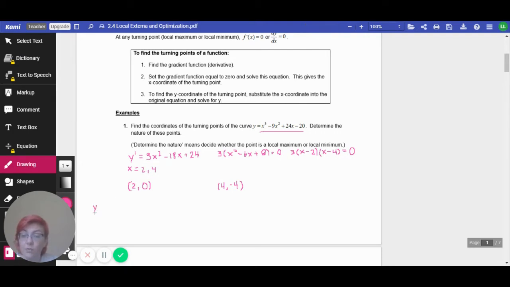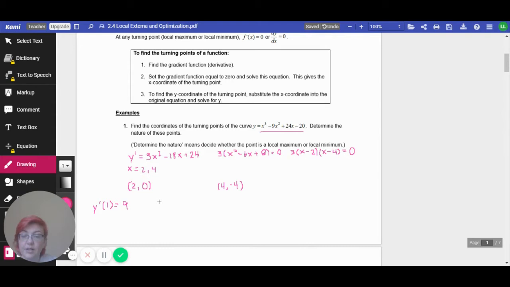So y prime of 1, I am going to plug 1 into the gradient function. So that'll be 3 times 1 squared minus 18 times 1 plus 24. That is positive.